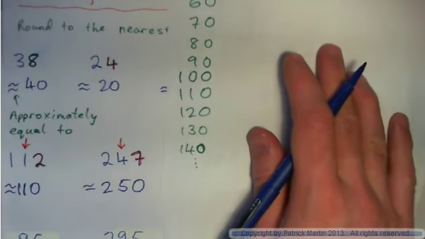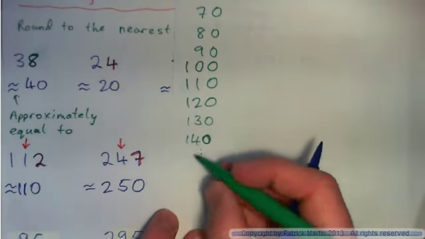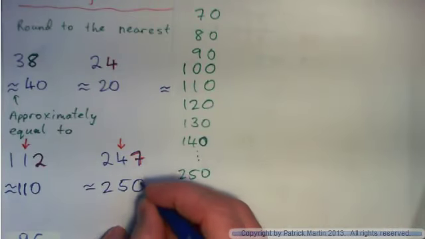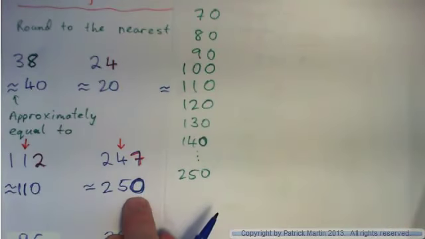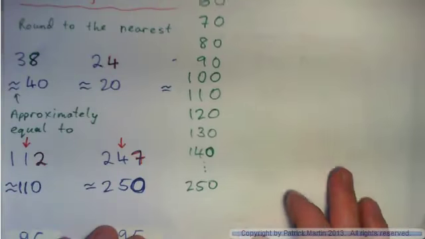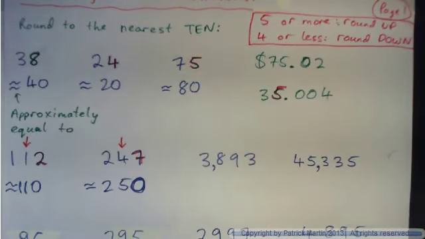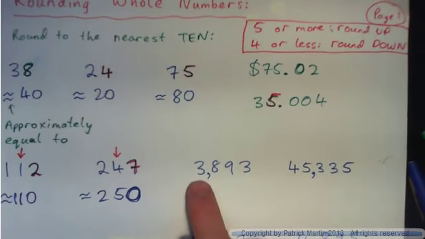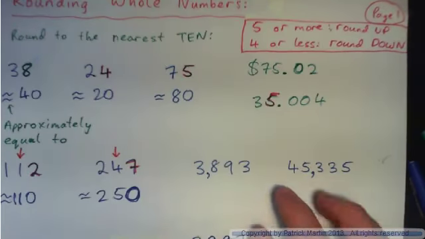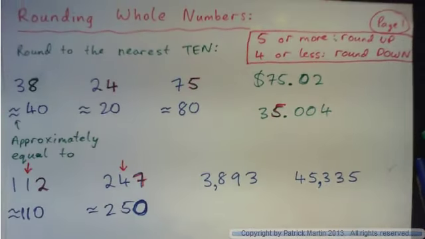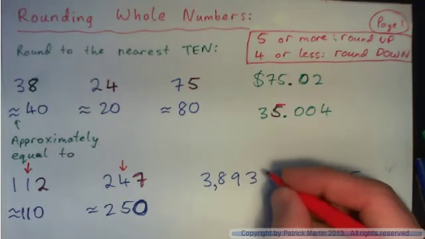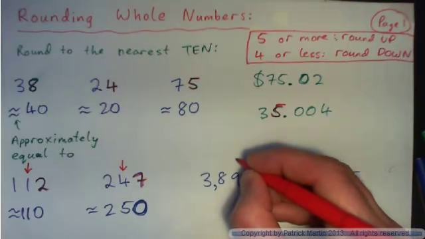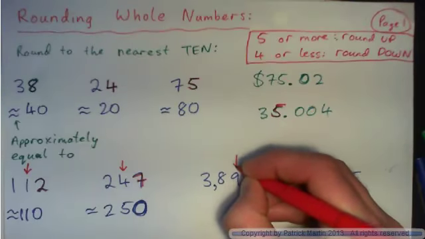Now, of course, if we continue this sequence of tens, we would eventually come to 250. Any number that has a 0 in the unit spot is a multiple of 10. And that even works for thousands. If I'm rounding 3,893 to the nearest 10, in the 10 spot I have 9.